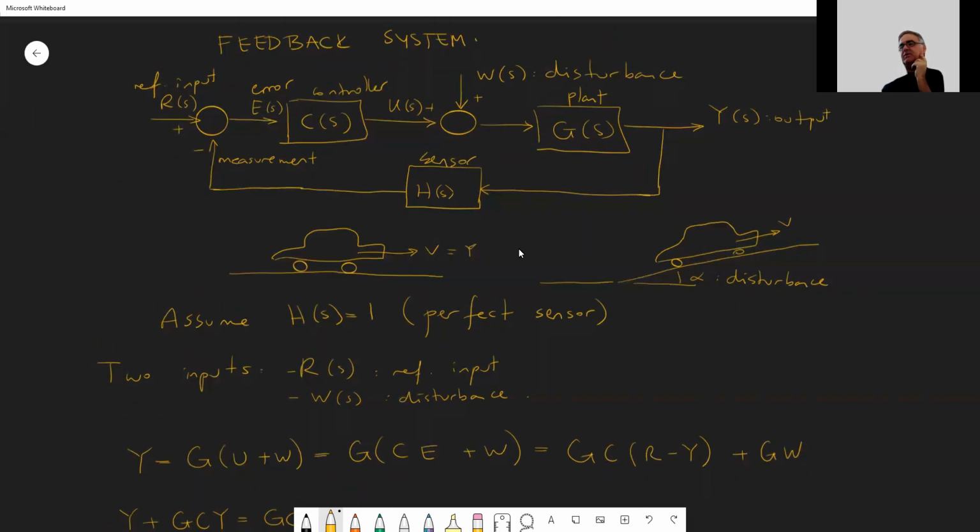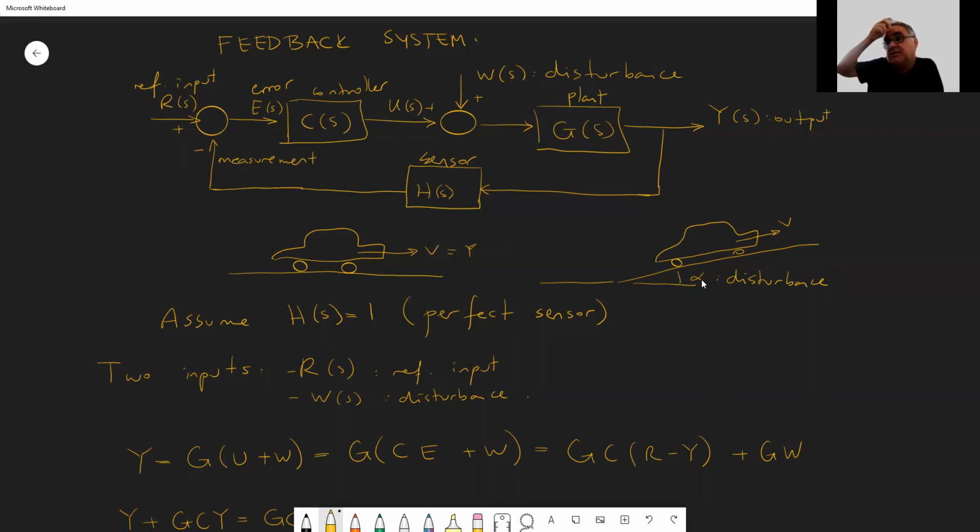For example, in our car example, if your reference speed is 90 kilometers per hour, you want your car to go at 90 kilometers per hour despite the road slope. Despite the slope of the road, you want the car to go at 90 kilometers per hour.